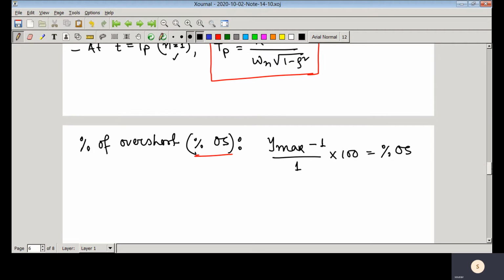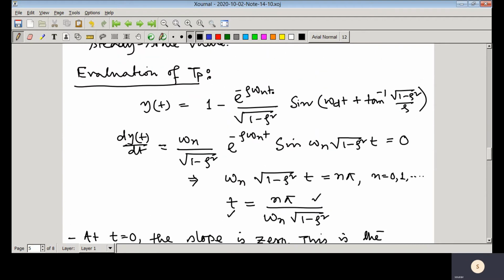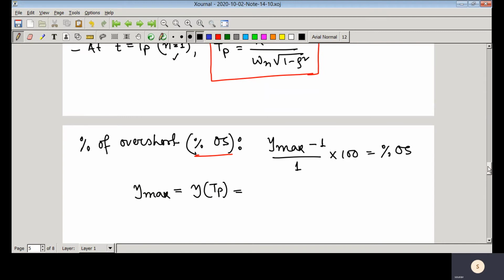So let us see what is y max, because that occurs at y(Tp), at t equal to Tp. If we replace that Tp here, here and here, then we get the simplified value, y(Tp) equals 1 plus e to the power minus zeta pi divided by square root of 1 minus zeta square.